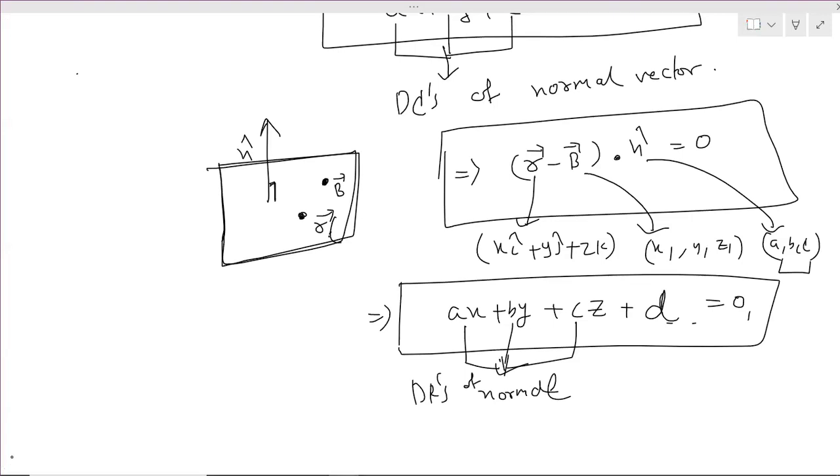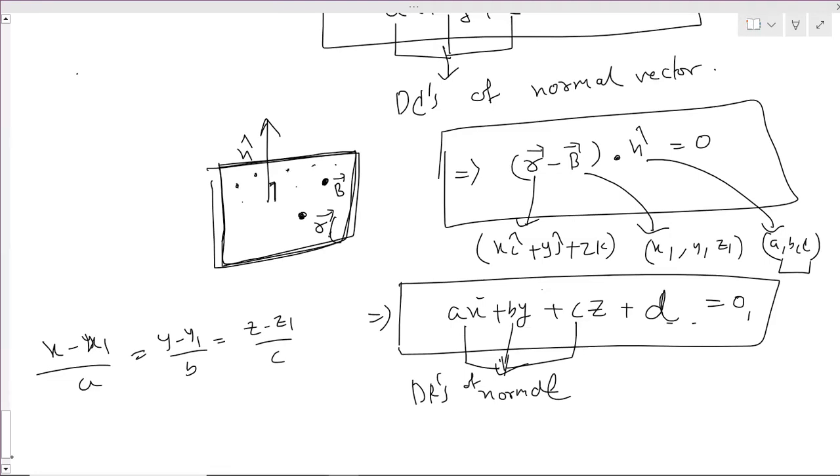So the x, y, z that is there in this final equation, x, y, z are the variables, right? In every equation, you will find x, y, z. They are not the same as those of R. We are finding the equation of plane, so we are finding and representing infinite points.